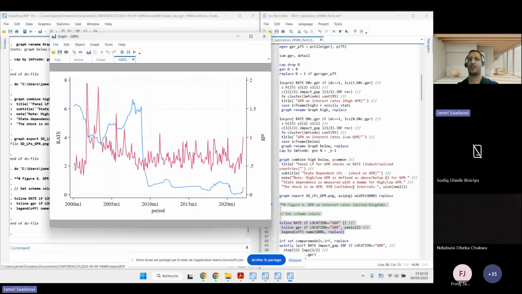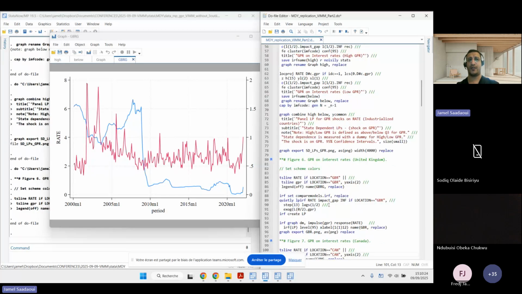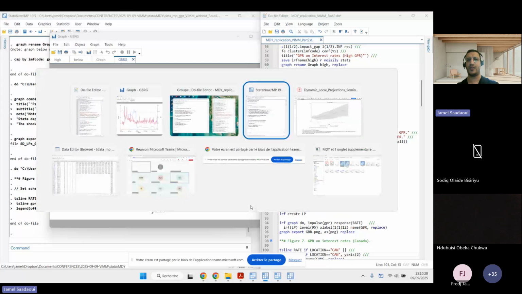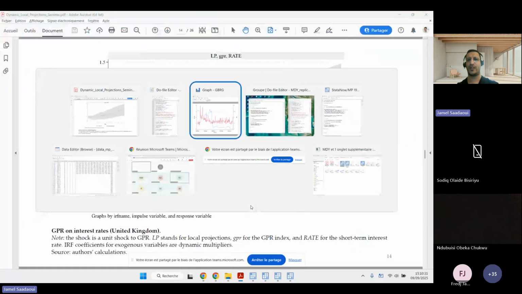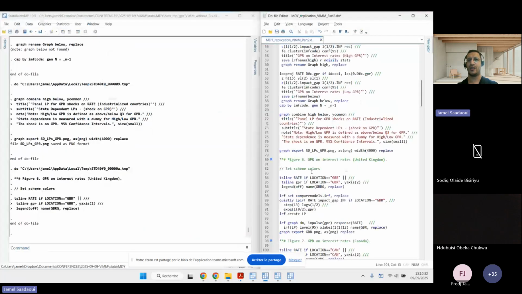So we have this picture and say, okay, if I want to make for the UK the picture that you just saw in the slide, you can use the official Stata command, which is lpirf.